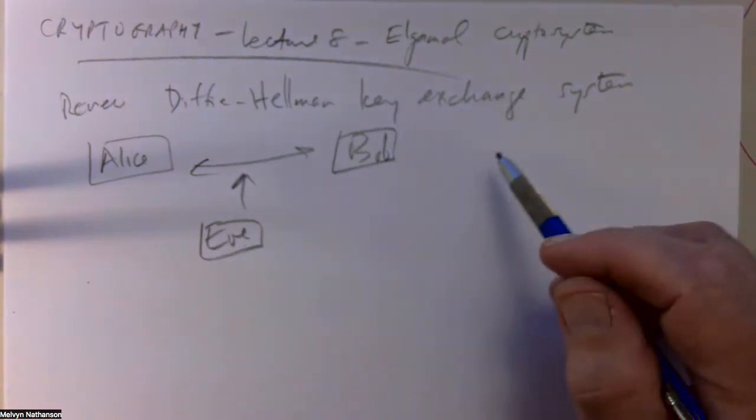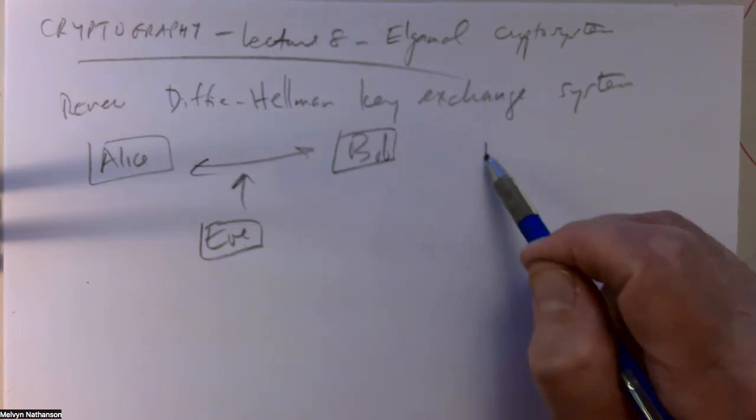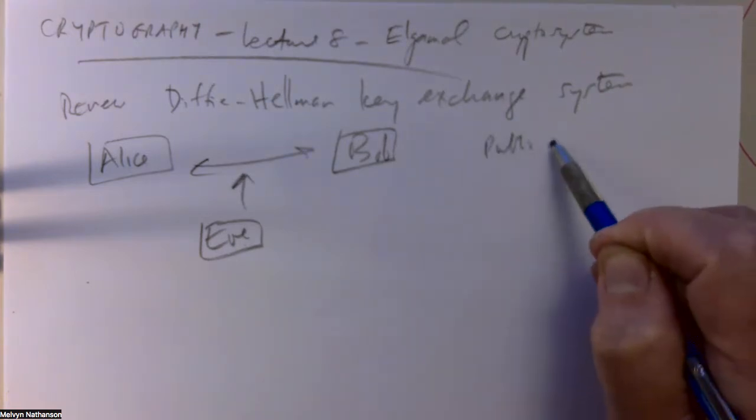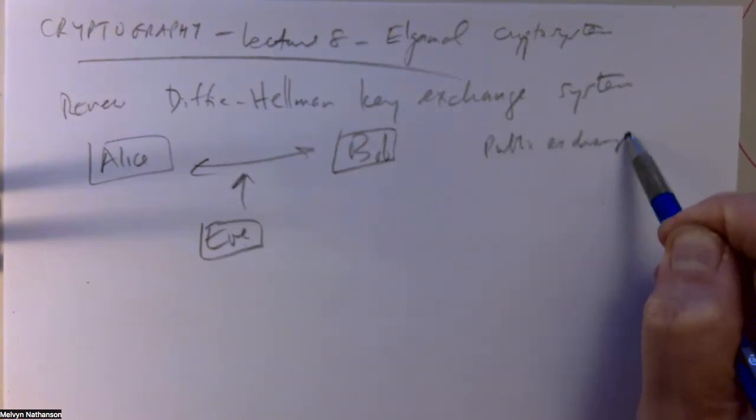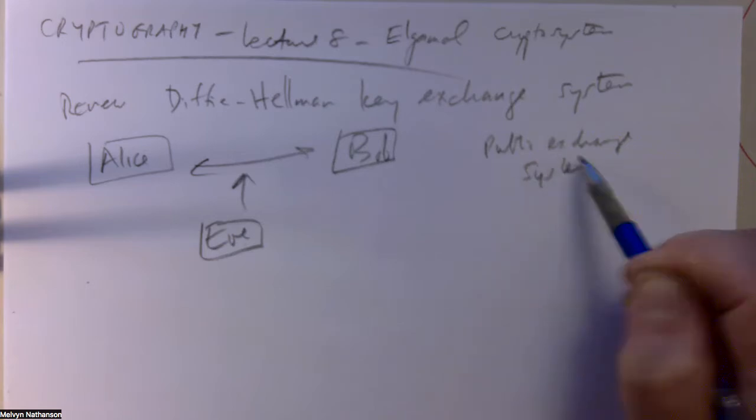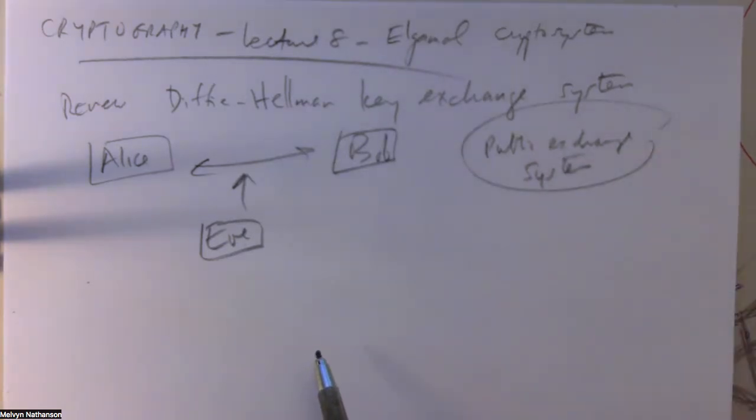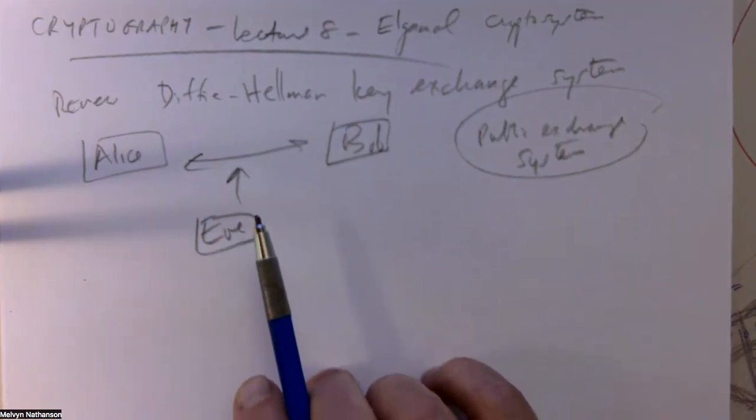So this is what is called a public key exchange system. Everybody knows what goes into the system, including Eve, but she still cannot break the system. She can't find the number.